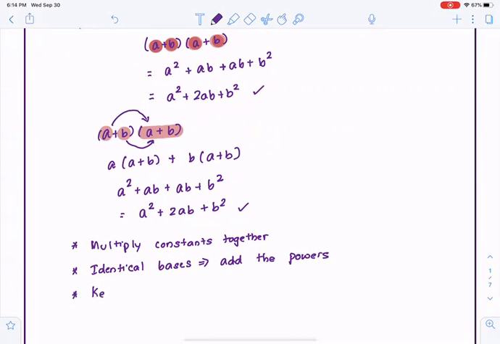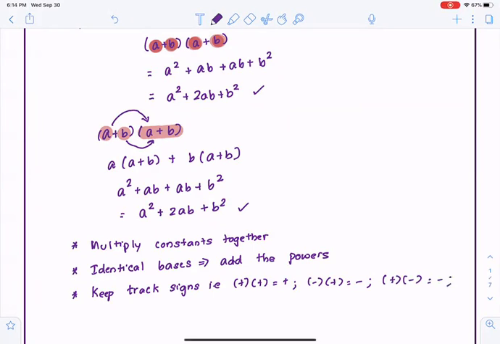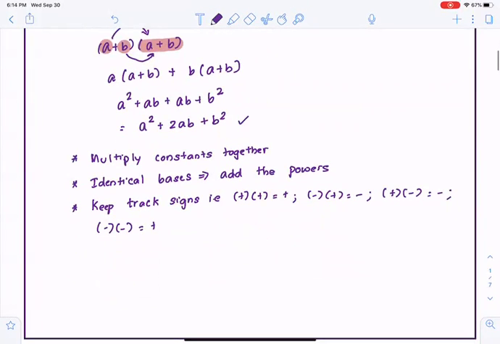And we keep track of signs. That is, positive times positive equals positive. Negative times positive is negative. Positive times negative is negative. And negative times negative is positive. And lastly, we should never forget to simplify.